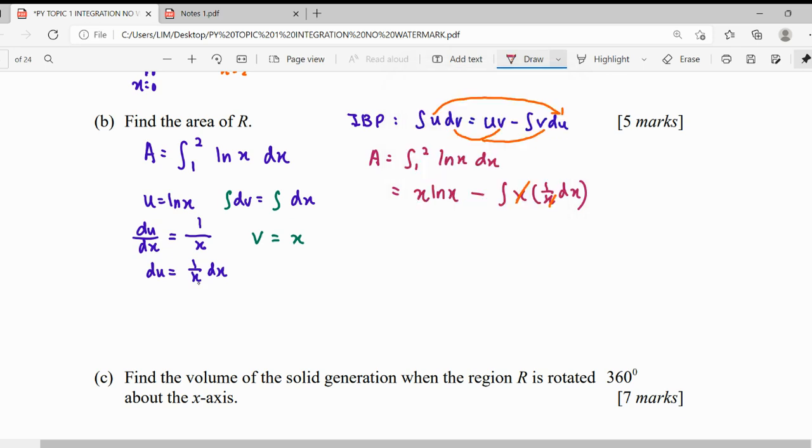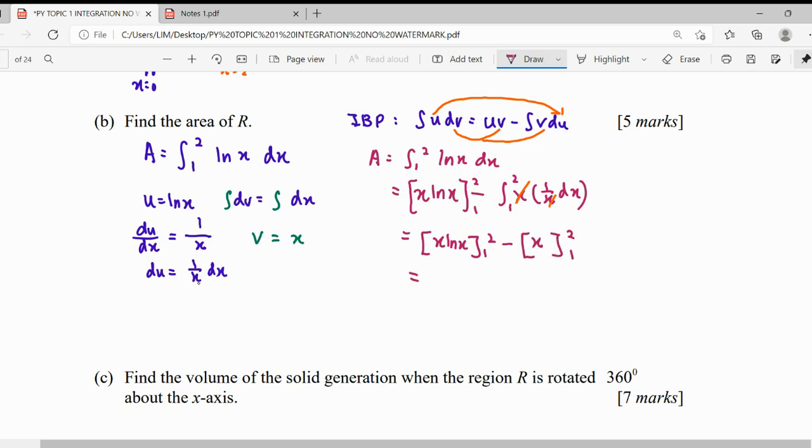And then don't forget our limit. The upper limit is 2, the lower limit is 1. So we keep writing the limit. This one, we integrate 1, so integrating 1 we get x.